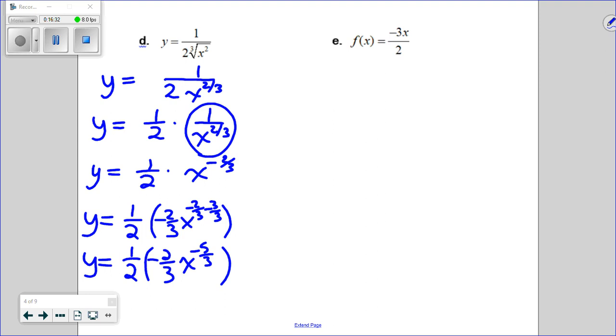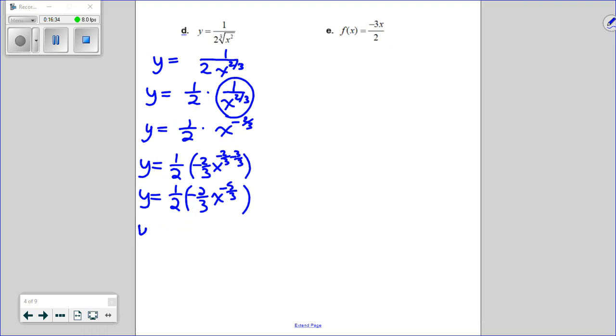And now we're just simplifying, so I can multiply the 1/2 times negative 2/3, which is just multiplying straight across. Your 2's will cross reduce, so let me see if this makes sense. It'll end up being negative 1/3. If that didn't jump out at you, when you multiply straight across, you'll get negative 2 over 6, and then that would simplify to negative 1/3.